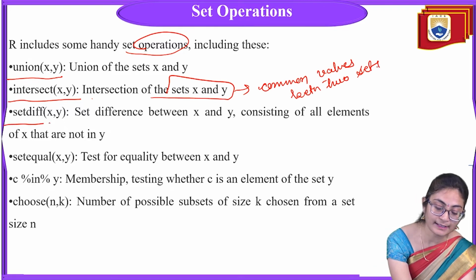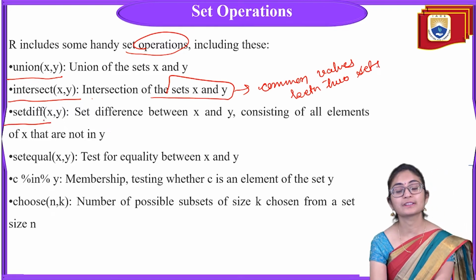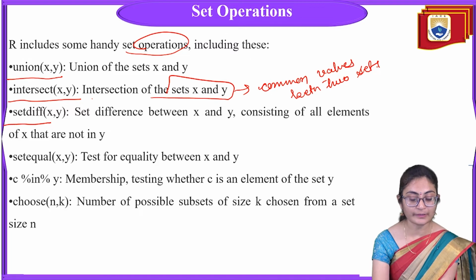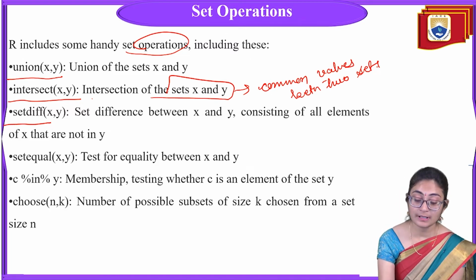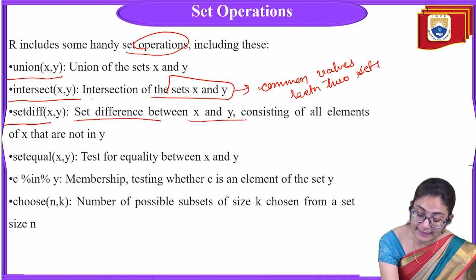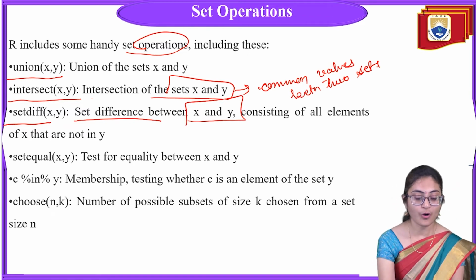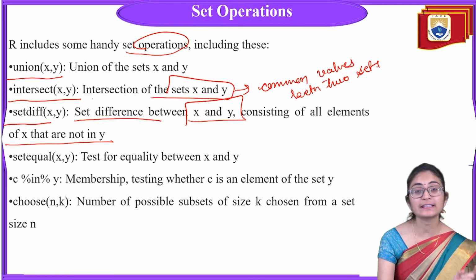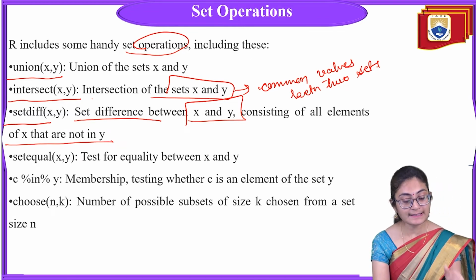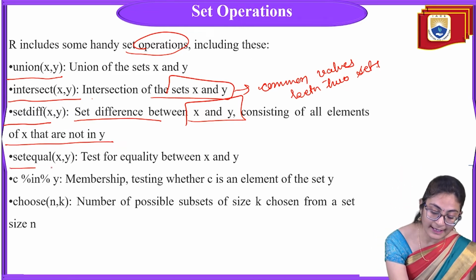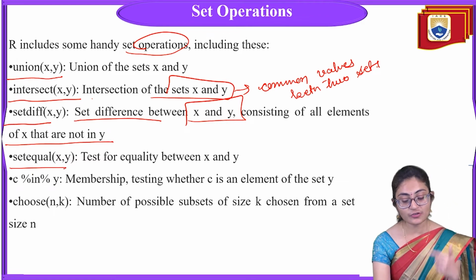Then setdiff of x, y. That means it will show the set difference between x and y, which consists of all elements of x that are not in y. Then setequal x, y. It will test for equality between x and y.